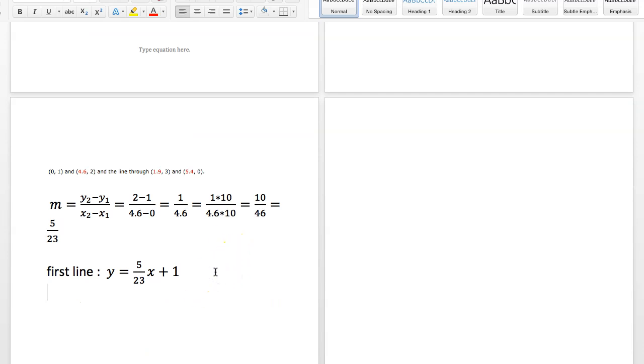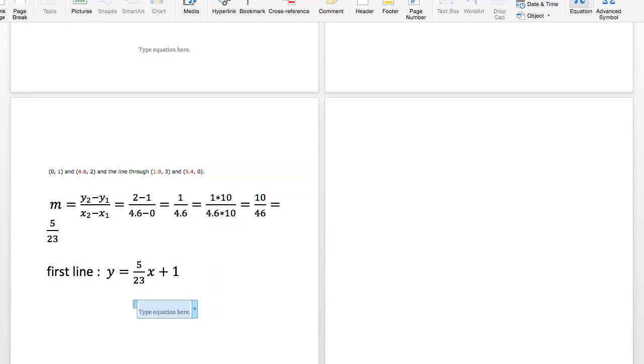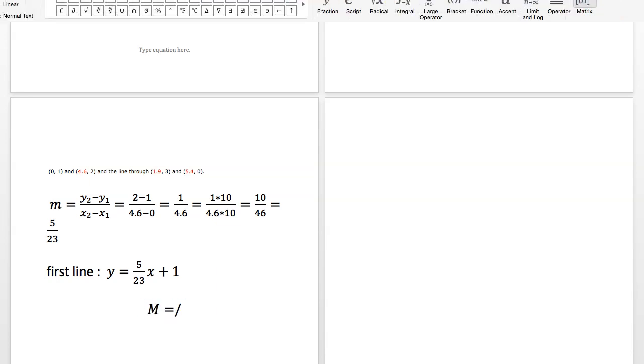Now, the second line, they're not going to give it to me for free. I got to get the slope. So for the second line, my slope, I'll use big M. And it's going to be, now I'll go this way. I'll go right to left.